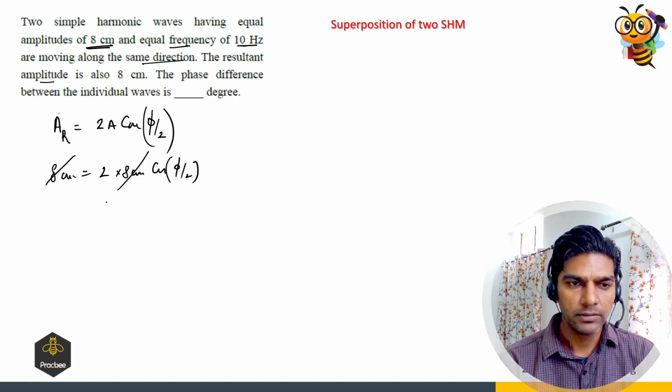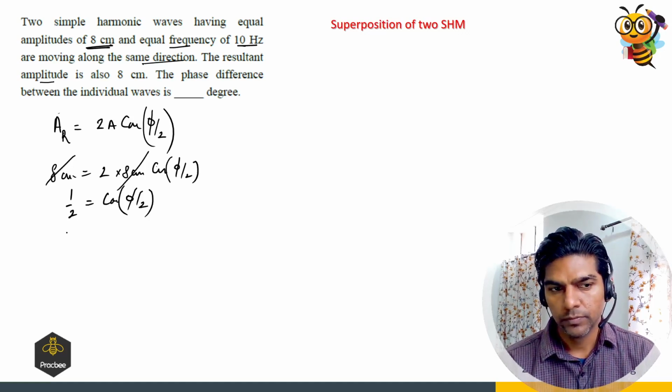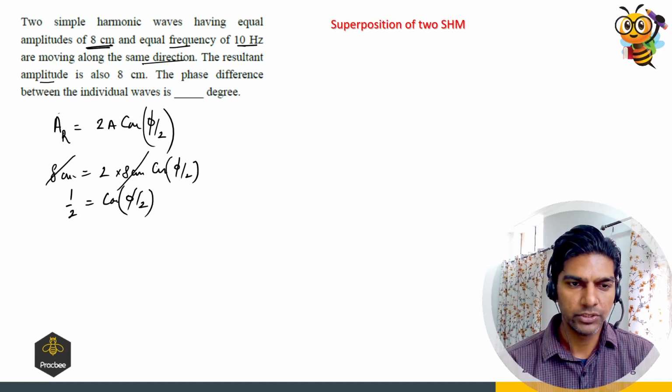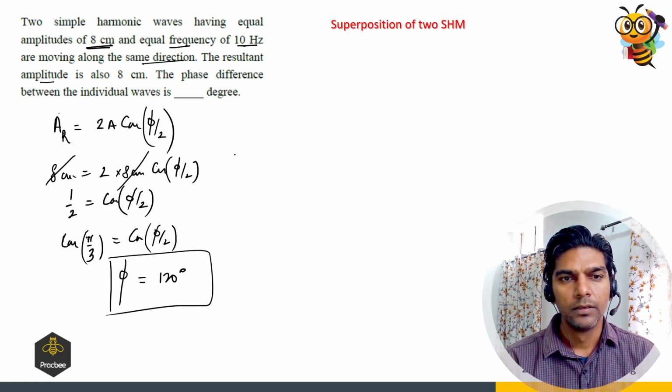So 8 will get cancelled out. So 1 by 2 is equal to cos phi by 2, and we know that we get 1 by 2 for the cosine value at angle 60 degrees. So we can say cos pi by 3 will be equal to cos phi by 2. So from this, phi comes out to be 120 degrees, right? So 120 is the answer of this question.